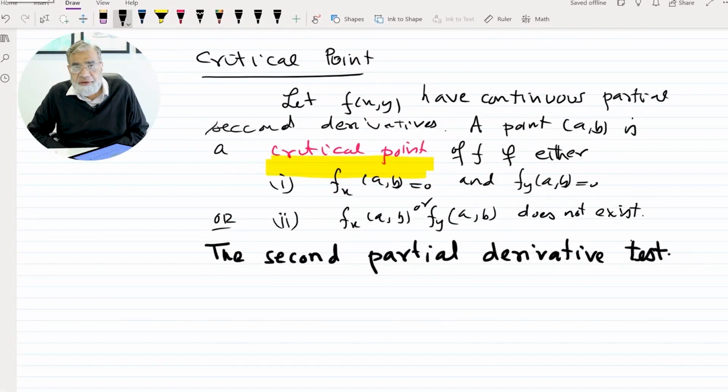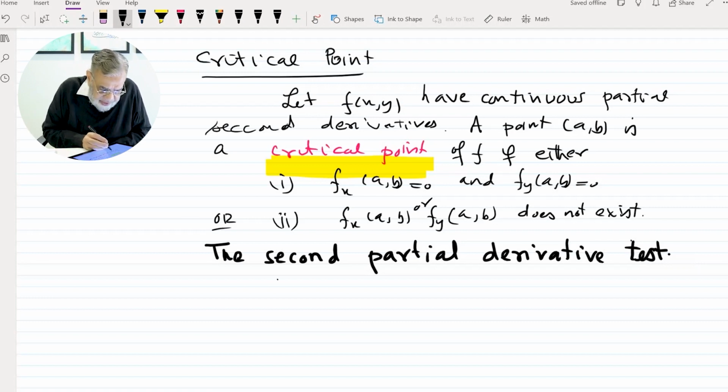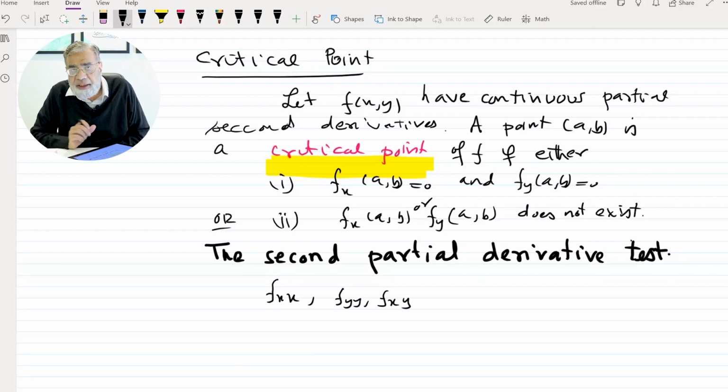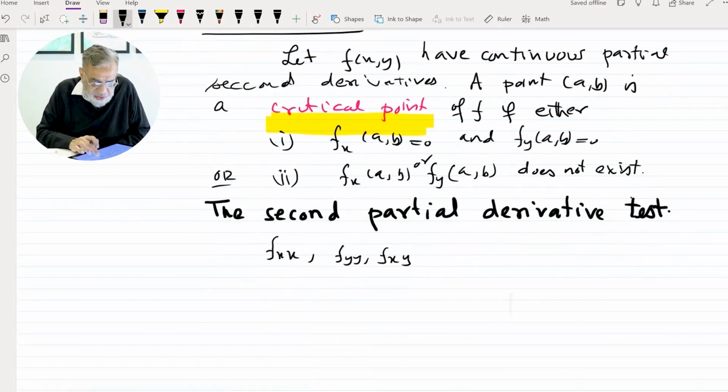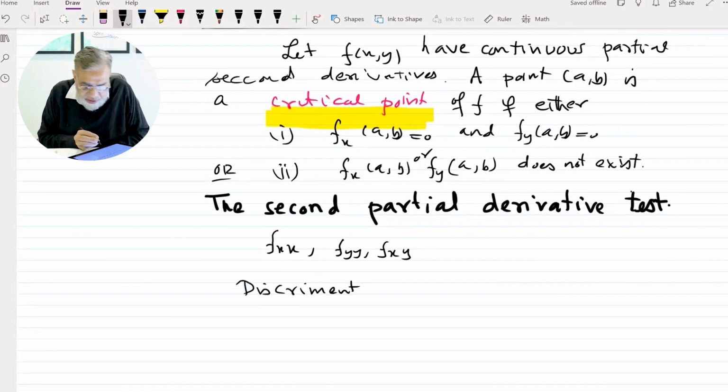We'll use the second derivative test for finding the extrema of a function of two variables, and it has two parts, because when we say second derivative test, it means we have f_xx, f_yy, and f_xy. So we need an identity which combines all of these, and this is known as the discriminant of the function f.